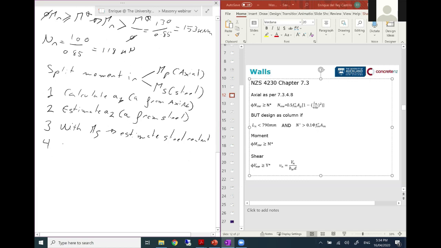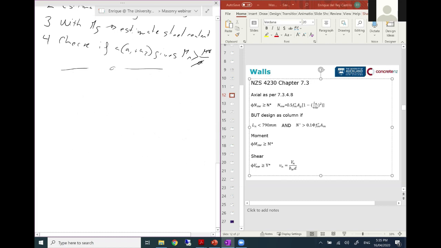And then 4, we check if using A, which is A1 from the axial load and A2 from the steel, is giving us Mn larger than M star divided by the reduction factor.